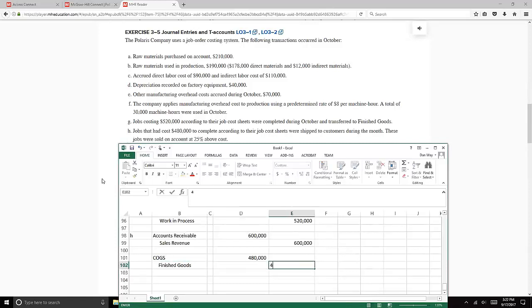We want to indicate in our books that $480,000 worth of our jobs have now moved from finished goods out through cost of goods sold. They've been delivered to the customer. We no longer have those goods. The customer has them. Instead, we have an account receivable for $600,000 and a whole bunch of sales revenue.